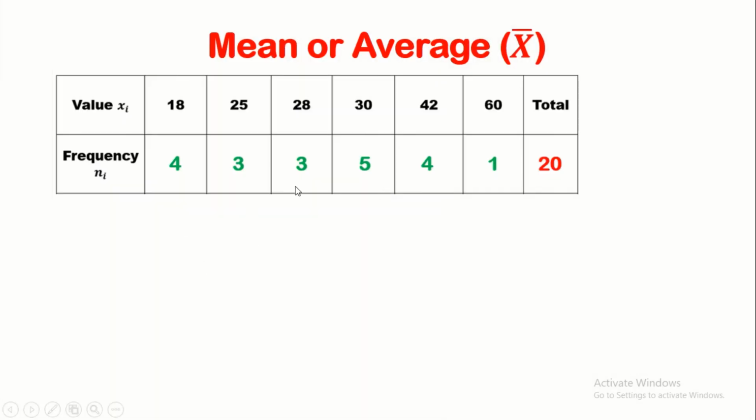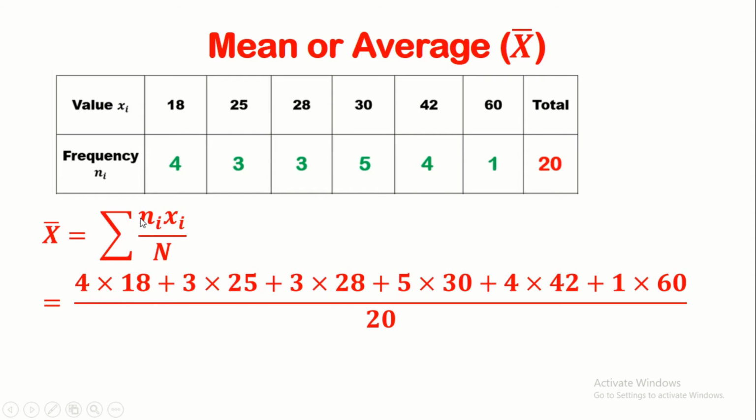Now let's learn how to find the mean or average if we have a distribution table, especially for quantitative distribution. Well, we can say here that the mean or average x bar is the summation of ni xi all over the total. Ni's are the frequencies from n1 to n6, and xi's are the values from x1, x2 till x6.